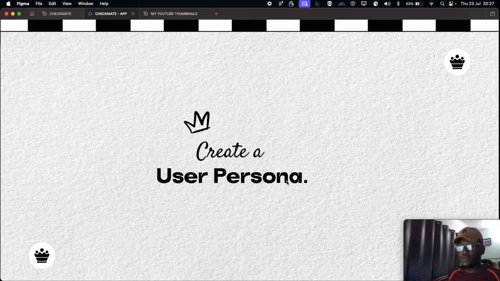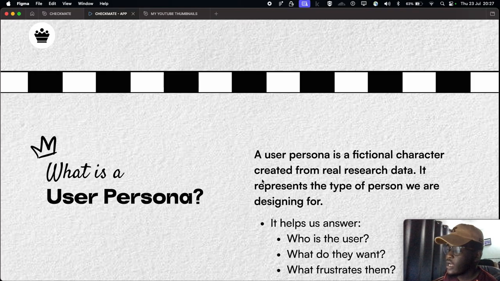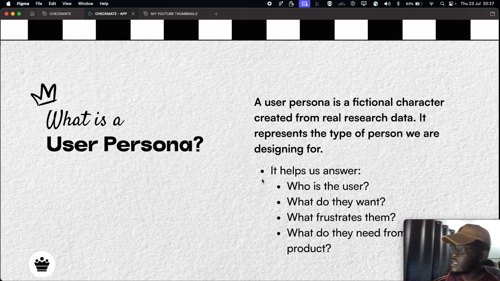Then one thing we'll also be going into is creating a user persona, and I'll explain what a user persona is. A user persona is a fictional character that is created from real research data. So for example, let's say Blessing and Victor, right?